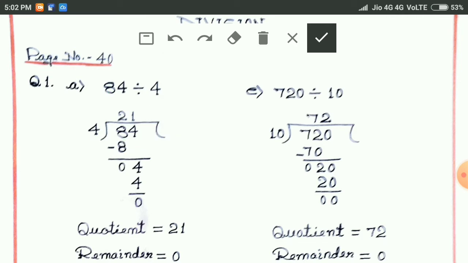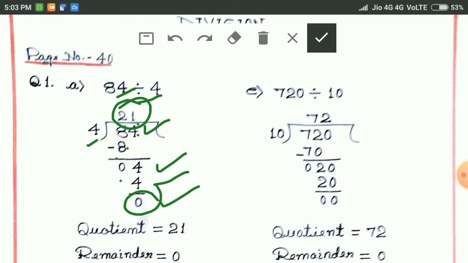We write 4 2s are 8 and 8 minus 8 we write 0. Then we write 4 here and 4 1s are 4. 4 minus 4 0. We write quotient is equal to 21 and remainder is equal to 0.